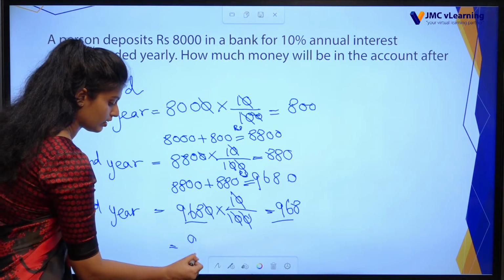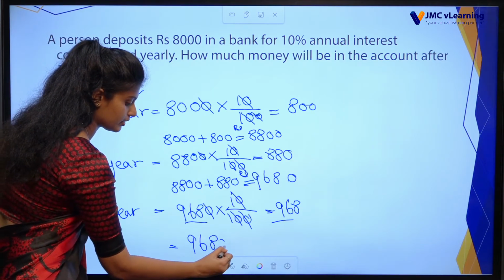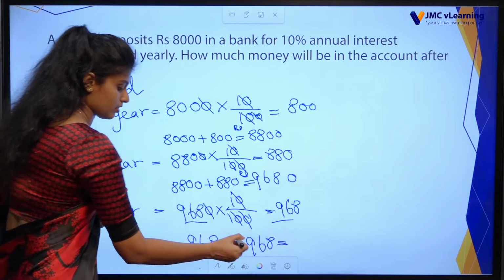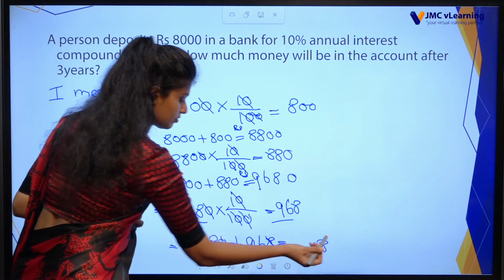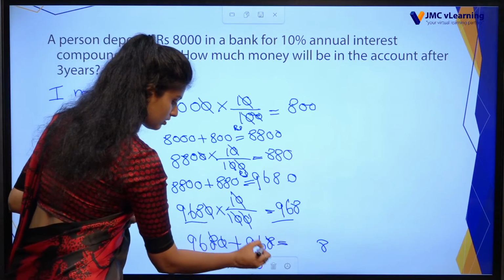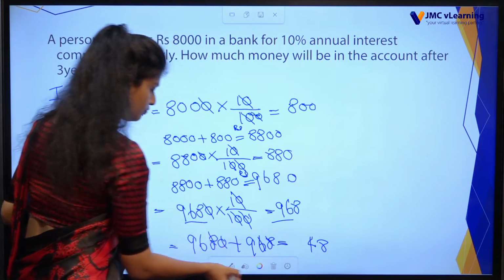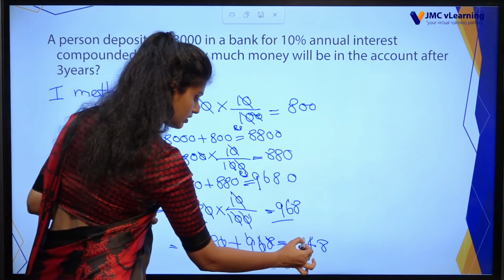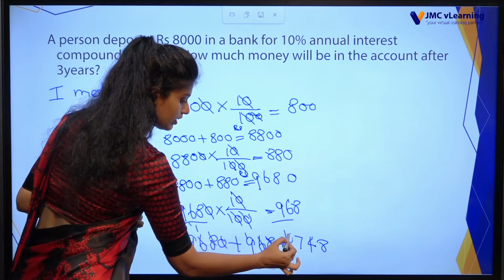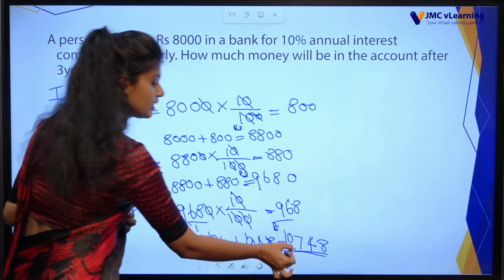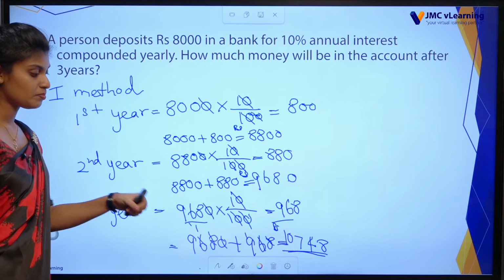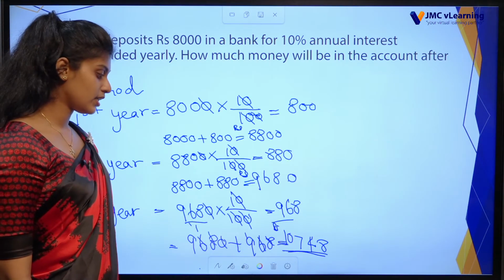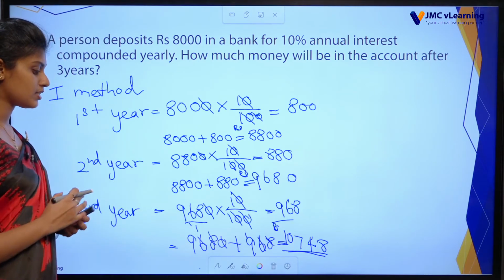Let's add 9,680 add 968. 8, 14, put 4, 1 left. 9, 10 and 7, 1 left, 10. Then after 3 years, that person's bank has 10,748 amount. This is the first method.